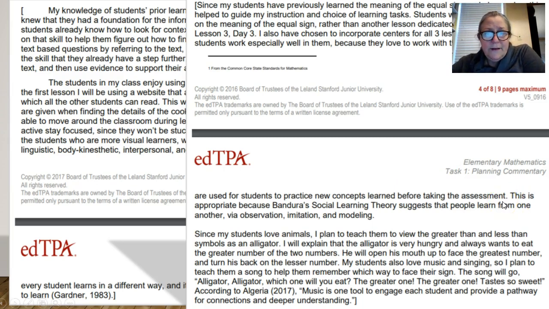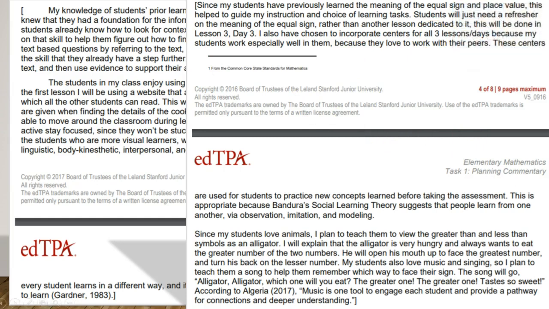Then this is another example. So since my students have previously learned the meaning of the equal sign and place value, this helped to guide my instruction and choice of learning tasks. Students will just need a refresher on the meaning of the equal sign rather than another lesson dedicated to it. So you see, she talks about how she made these instructional decisions based on where the students were.